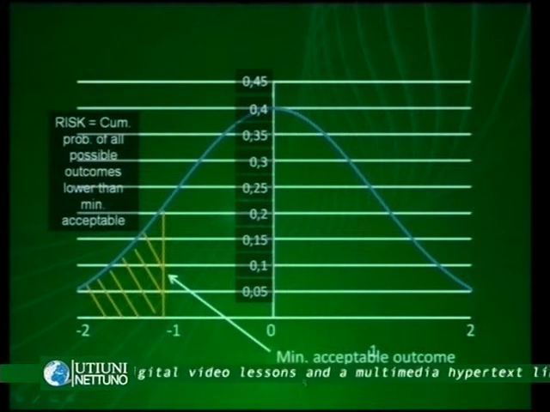So what we can observe here is that we have defined with this yellow line the minimum acceptable outcome. And given the probability distribution here, we can determine what is the cumulative probability of having an outcome lower than this minimum acceptable outcome. So this yellow part going here also to the left, here we are not observing the whole left tail, but here there is more probability associated with lower outcomes.